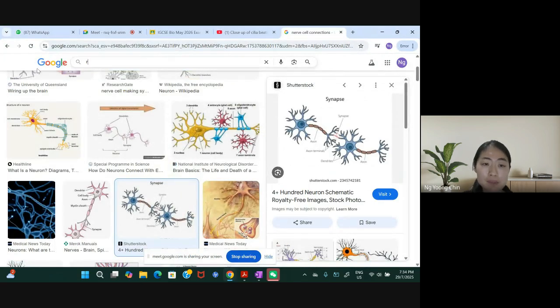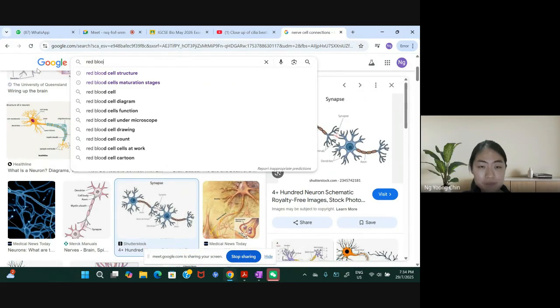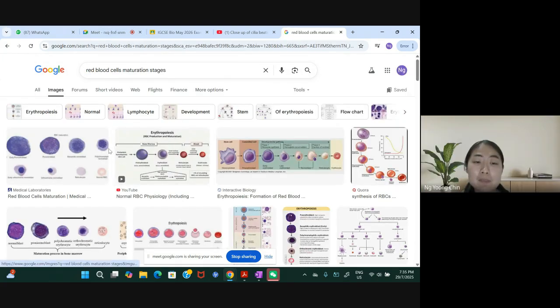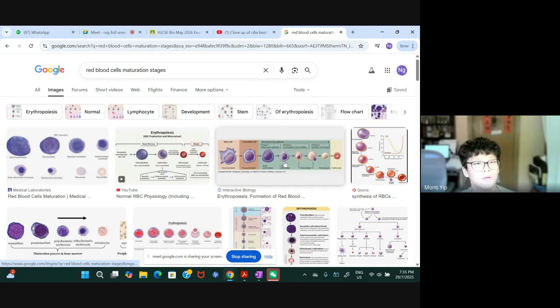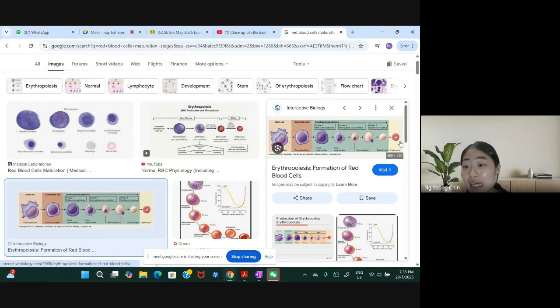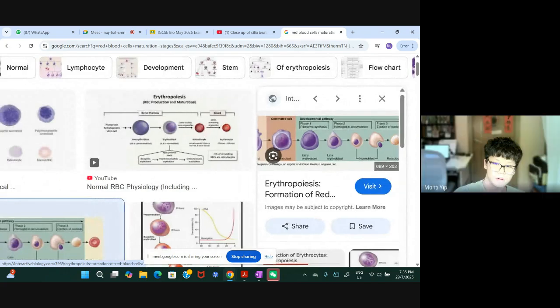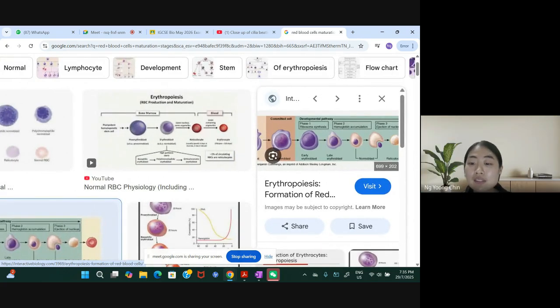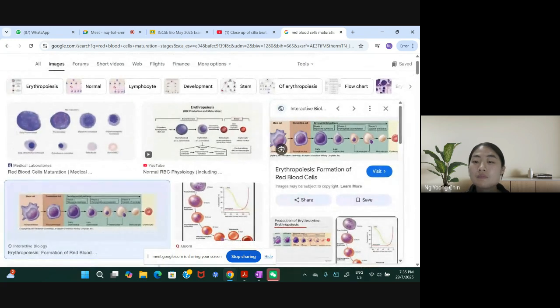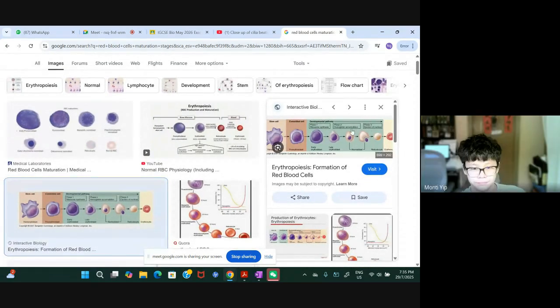You learn more about this during advanced level biology. You can see how red blood cells actually evolve from the stem cell. From the stem cell, they become this, and at the end they become the red blood cell.